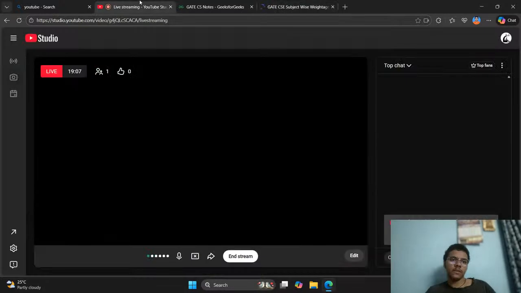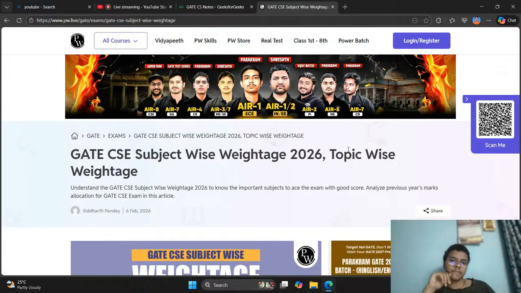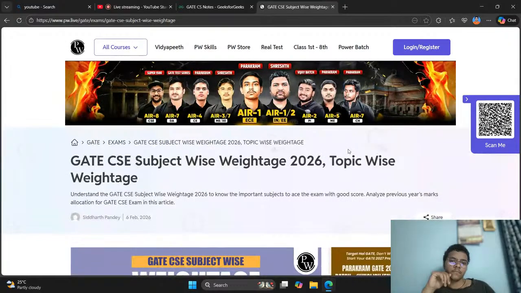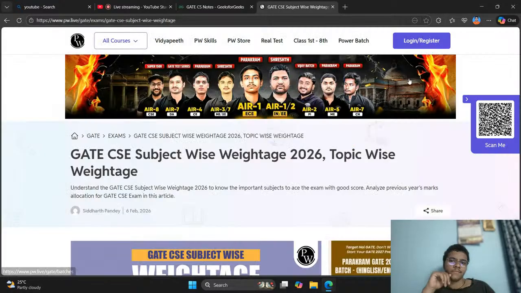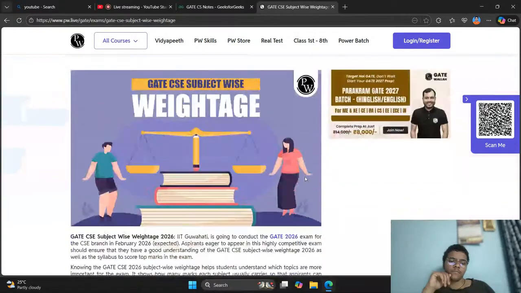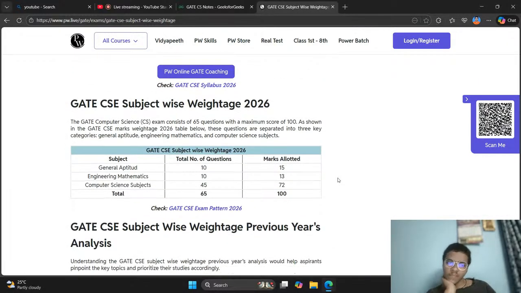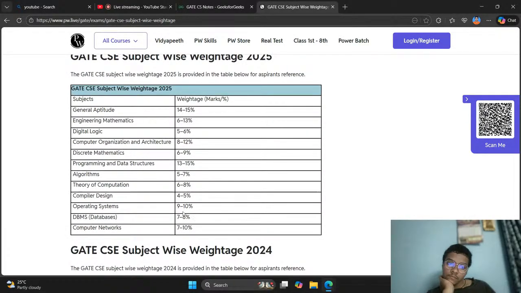Yep, compiler design is very low weightage. I am kind of told the opposite actually. Very less.